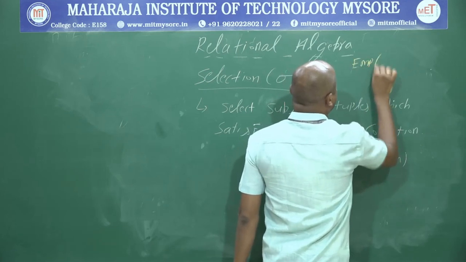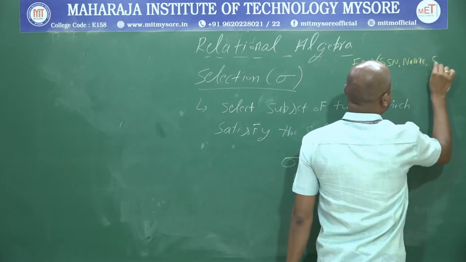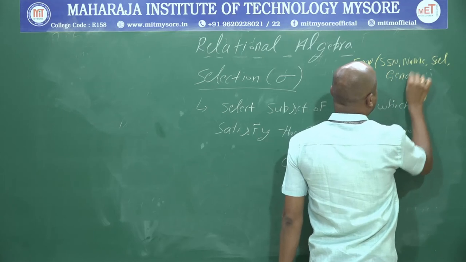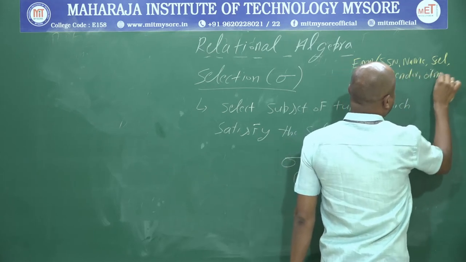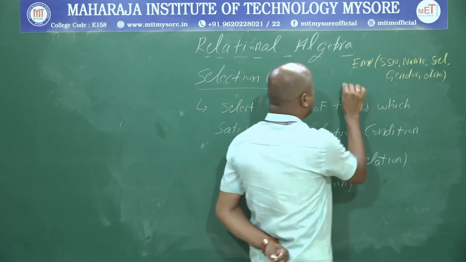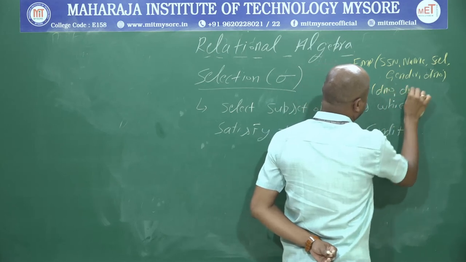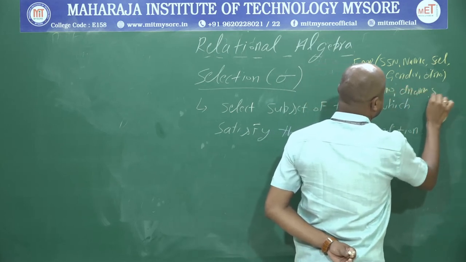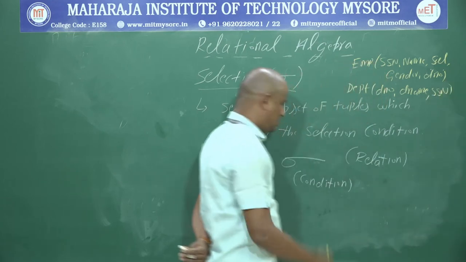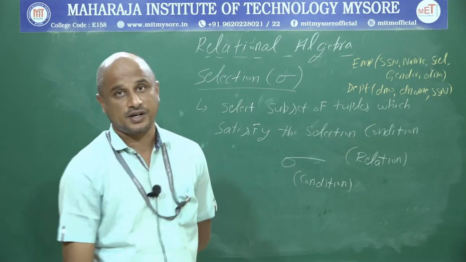Employee contains SSN, name, salary, gender, and D number, which is the department number. Department contains D number, D name, and SSN. This is the table we can use for a small example of a selection condition.